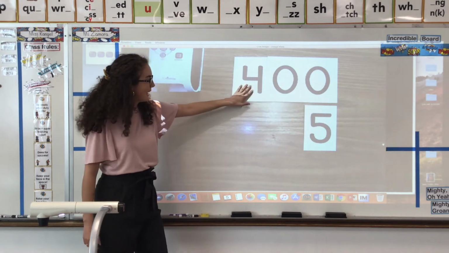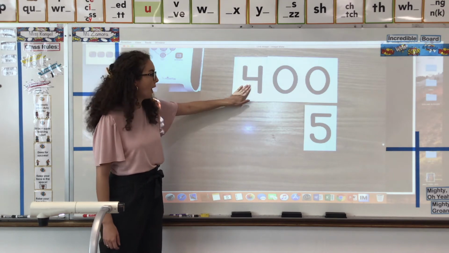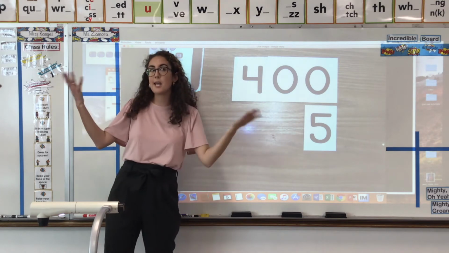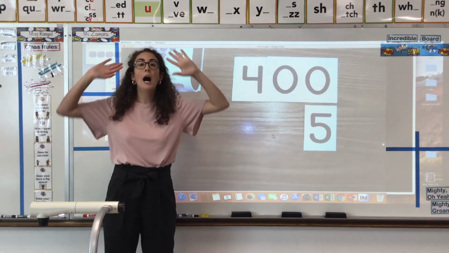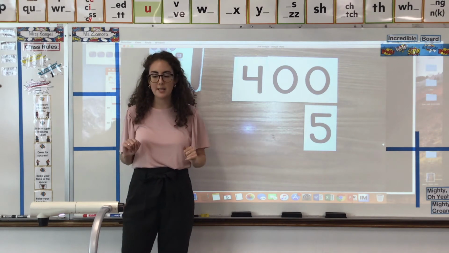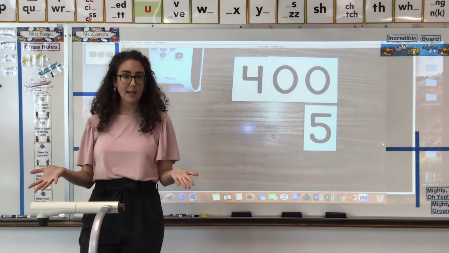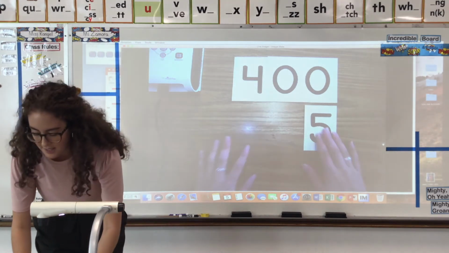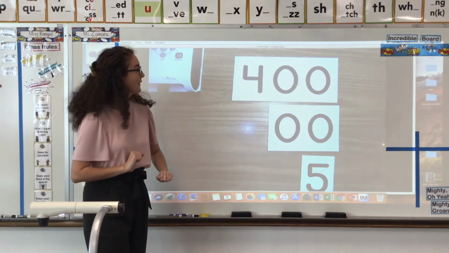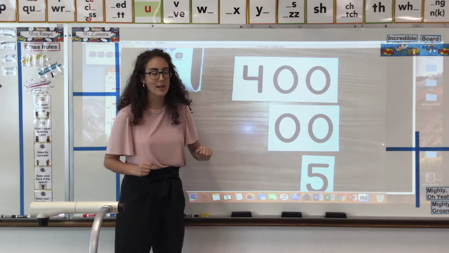Okay, what about this last one? What digit is this? 4. And 4 is in what place? The hundreds place. The biggest one we've been working with, the hundreds place. So if the digit 4 is in the hundreds place, the value is 400.